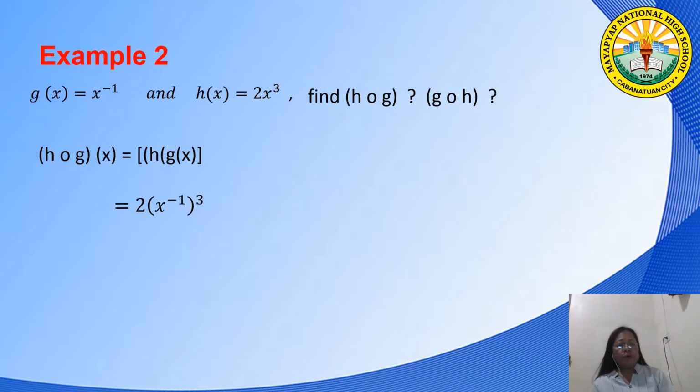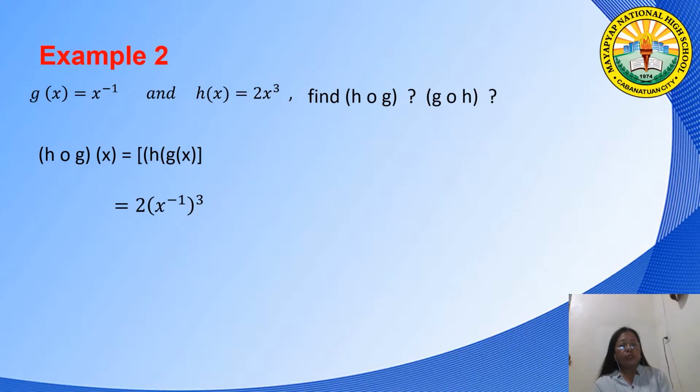As you observe, we have x raised to negative 1, then raised to the third power. From the law of exponents, you are going to multiply their exponents. If you multiply them, negative 1 times 3 becomes negative 3.